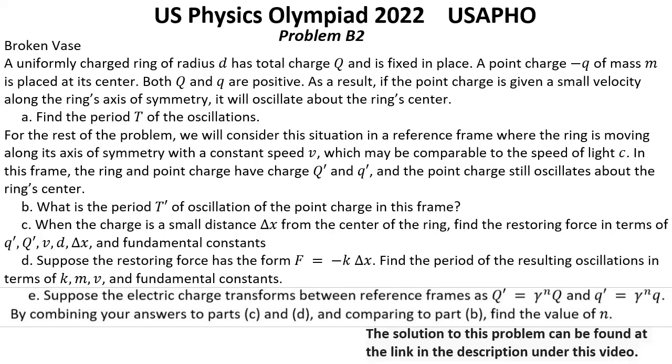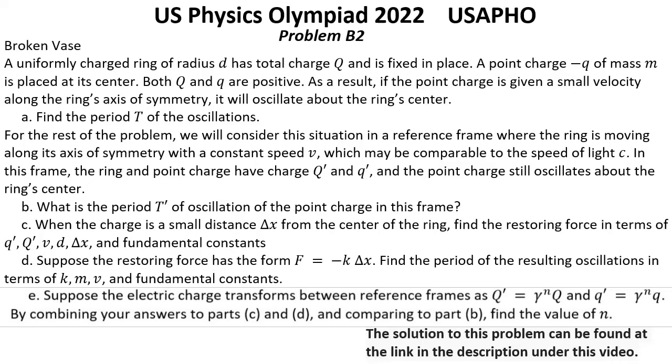For the rest of the problem, we will consider this situation in a reference frame where the ring is moving along its axis of symmetry with a constant speed v, which may be comparable to the speed of light c. In this frame, the ring and the point charge have charge big Q prime and small q prime, and the point charge still oscillates about the ring's center. Question B. What is the period T prime of oscillation of the point charge in this frame?